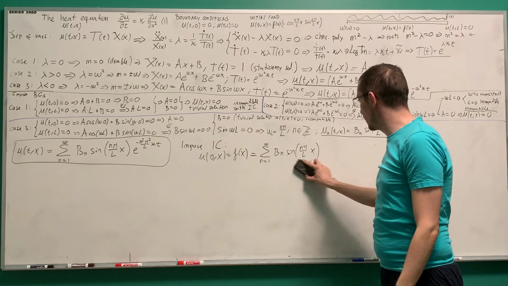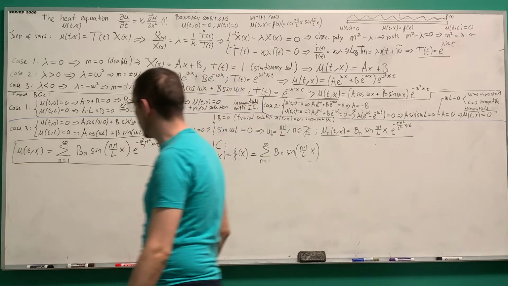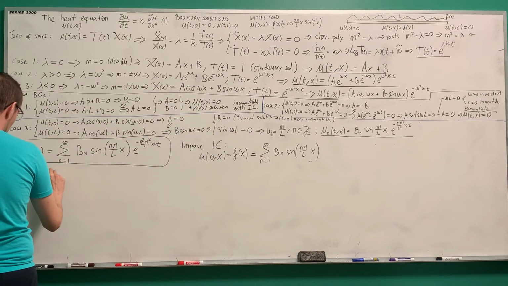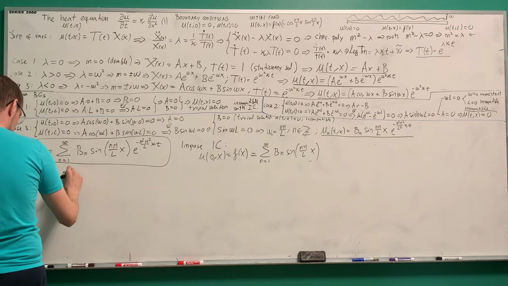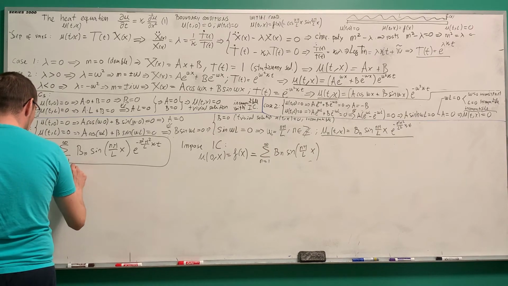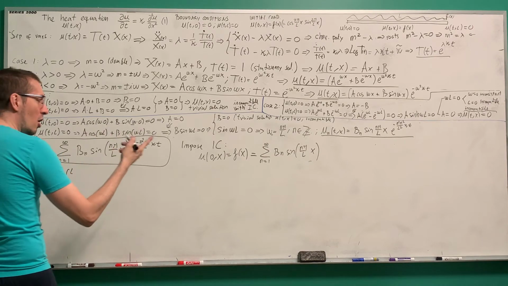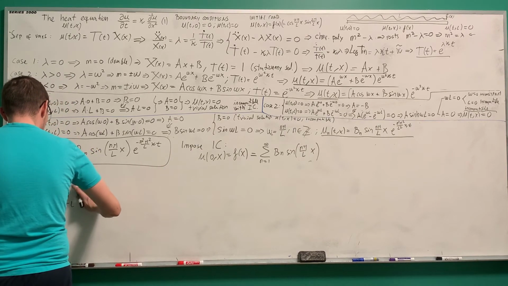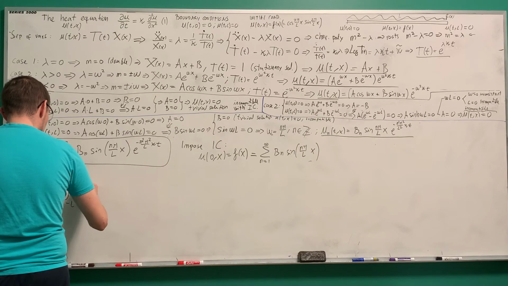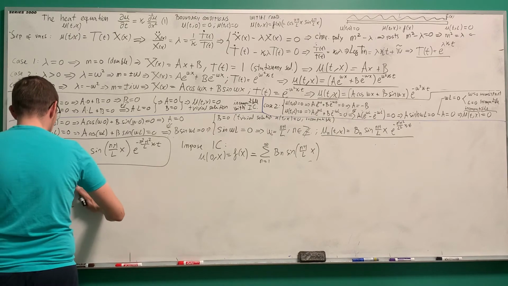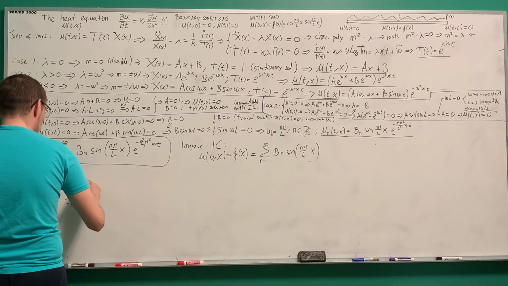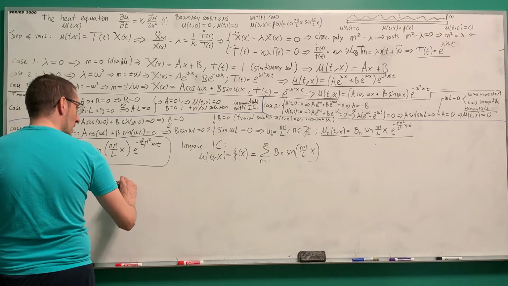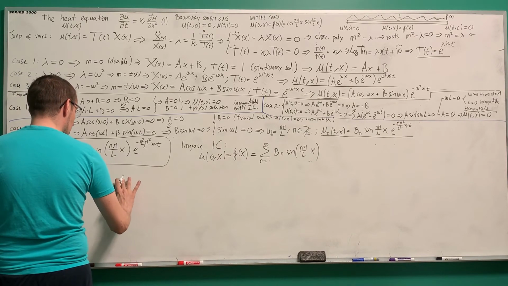So if we do it, we know that b sub n is equal to, let's just write the whole thing, 2 over the period, integral from minus l to l of the odd extension of f of x. Let me write F of x as the odd extension, dx, F of x, then the sine of n pi over l times x.